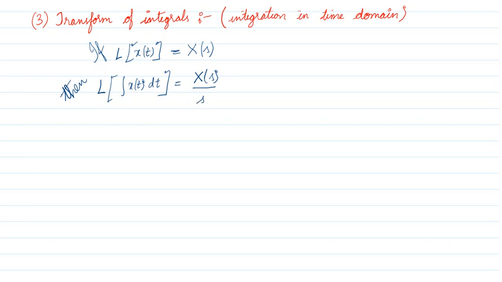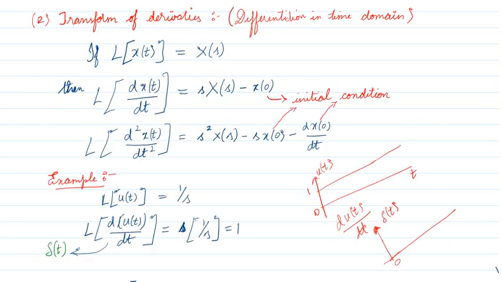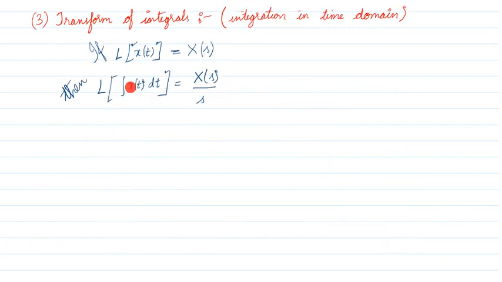In the last slide we have seen differentiation means multiply with s, two times differentiation means multiply with s square. Similarly, integration means multiply with 1 by s, and two times integration means multiply with 1 by s square. This is called integration in time domain, or can also be said as the transform of integral property.